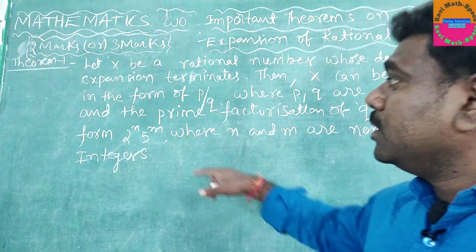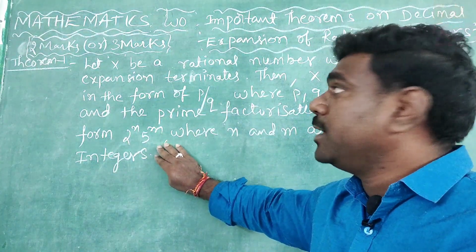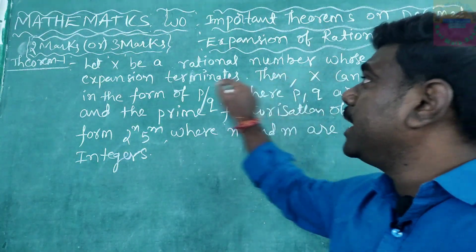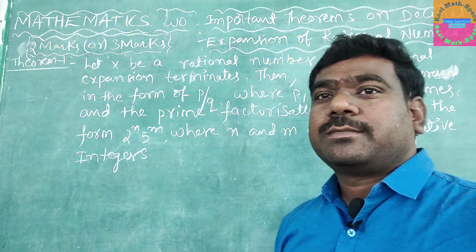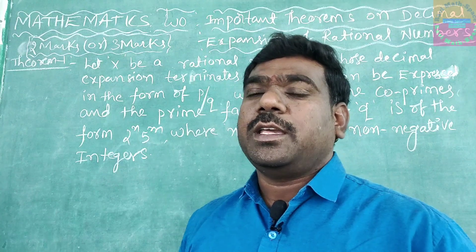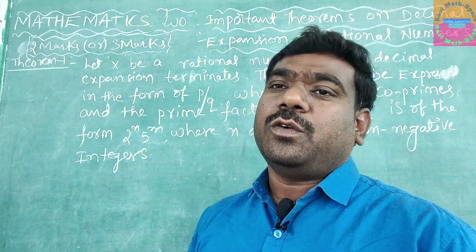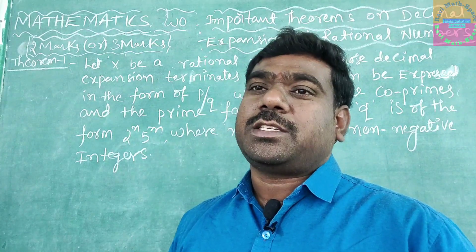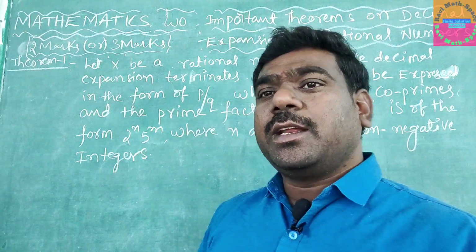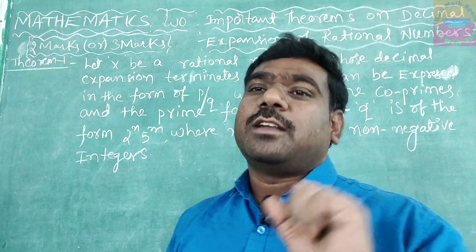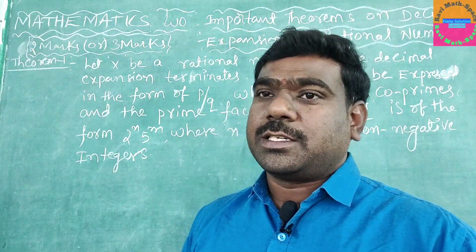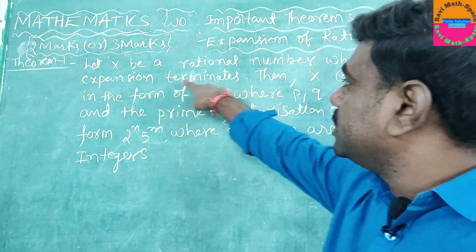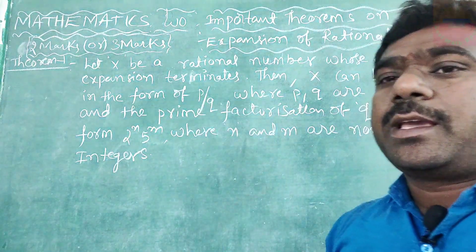So once you see here carefully: let x be a rational number whose decimal expansion terminates. Already we know that every rational number consists of either a terminating decimal expansion or a non-terminating decimal expansion. This theorem is talking about terminating decimal expansion.